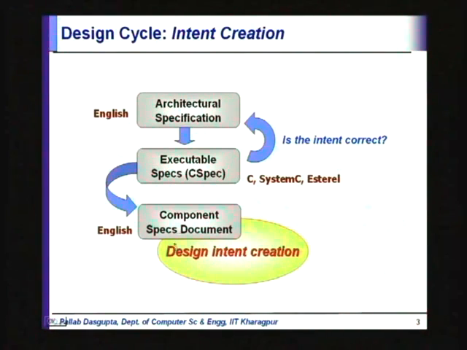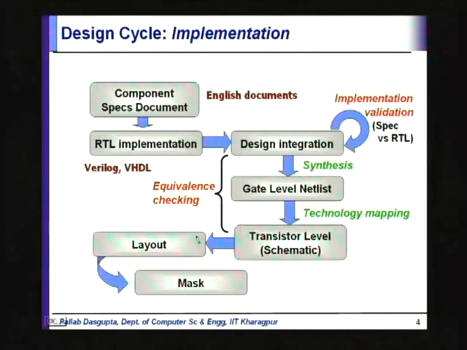Again, this set of documents is typically an English language document. Then that set of component specification documents is the reference for the designer to start coding the implementation using languages like Verilog or VHDL.